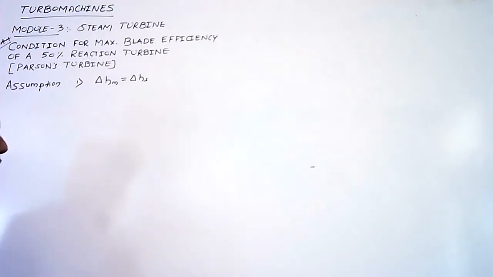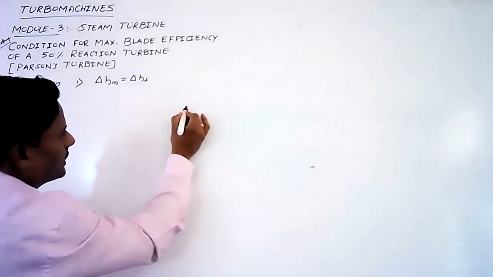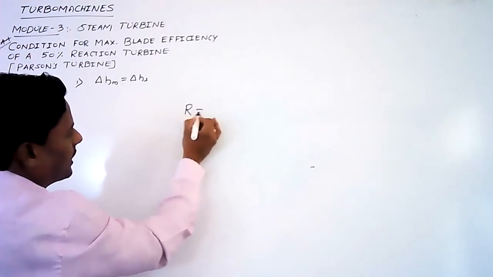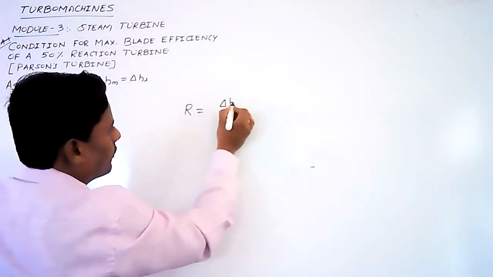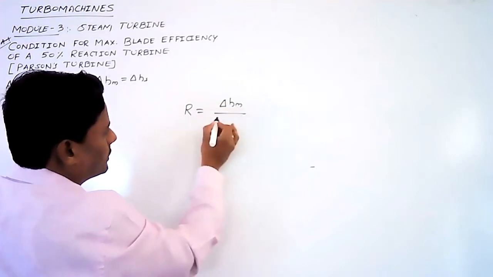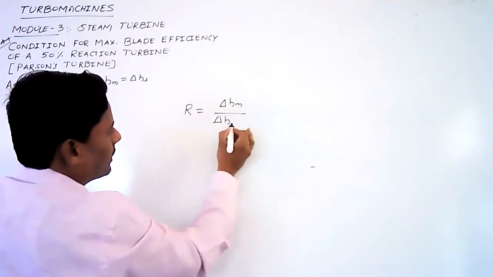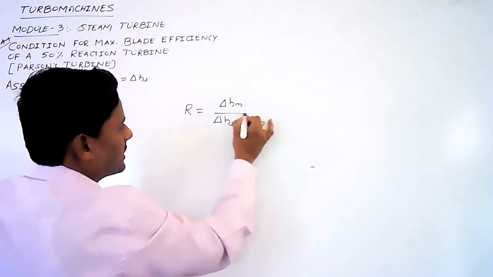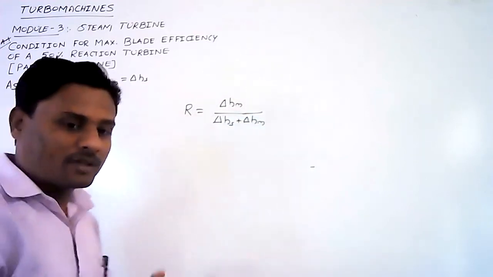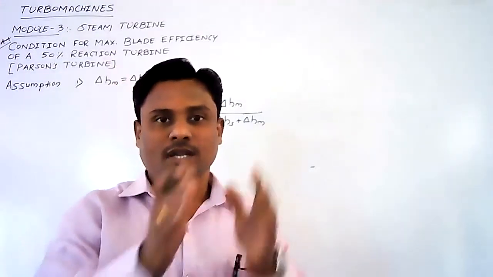In module number 2, we have seen that the degree of reaction R is defined as the ratio of enthalpy drop in moving blades to the total enthalpy drop in that stage. Stage in the sense, we have a set of moving blades and fixed blades.